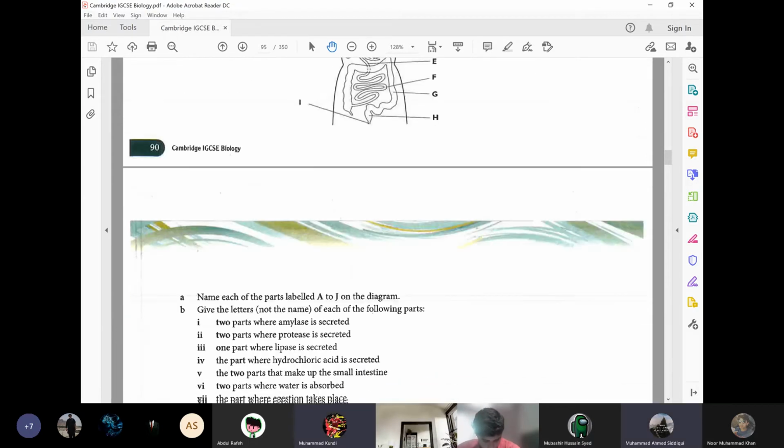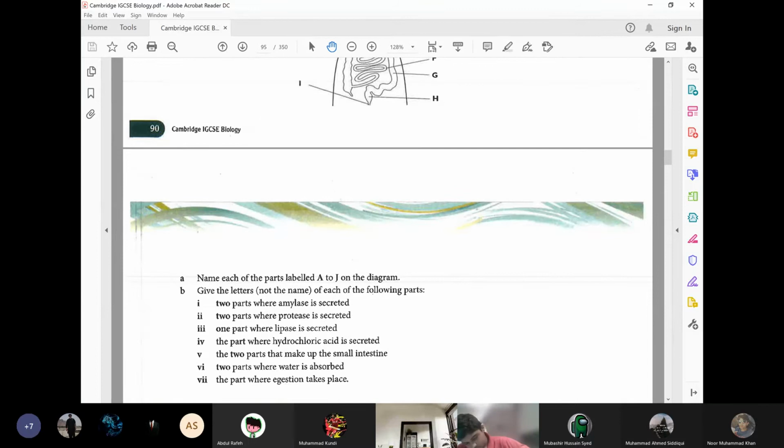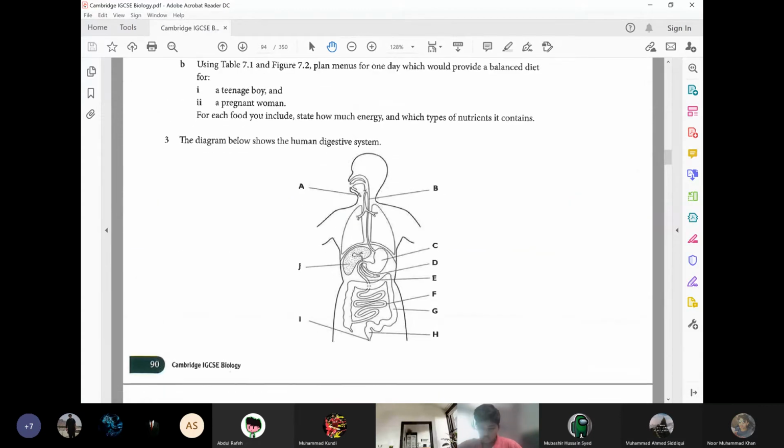Pancreas produces the pancreatic juice which contains amylase in it. Second part, two parts where protease is secreted. Sir, C and D. C and D, very good. C is the stomach. In the stomach, there is the pepsin enzyme, right, boys?